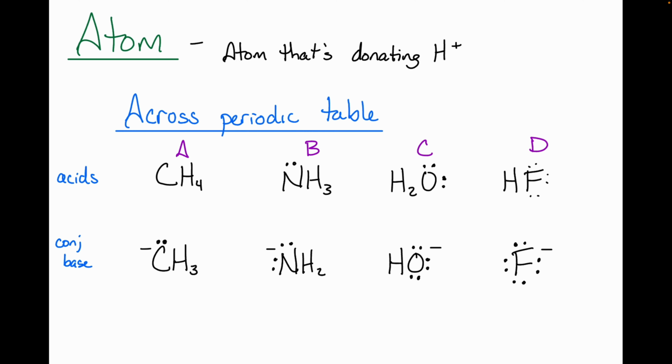So the question is, which atom is the most happy to have that formal charge, right? If it has to have a negative charge, who's going to be the one that can bear having it? And yes, it's going to be our fluoride here because fluorine's the most electronegative element, right? Most electronegative element is the one that's happiest to have that negative charge. So this one's our most stable, meaning that that HF is our strongest acid.